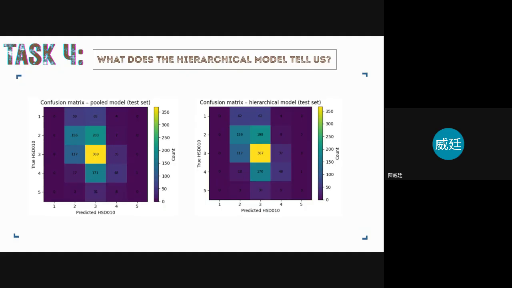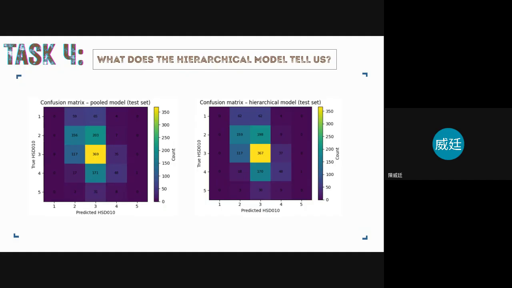And if we look at the hierarchical matrix on the right, the overall pattern is very similar, especially for the true level 3. Both models predict 3 very often. But in some cells, the hierarchical model has slightly brighter colors, which suggests it's a little bit more accurate for certain edge groups.